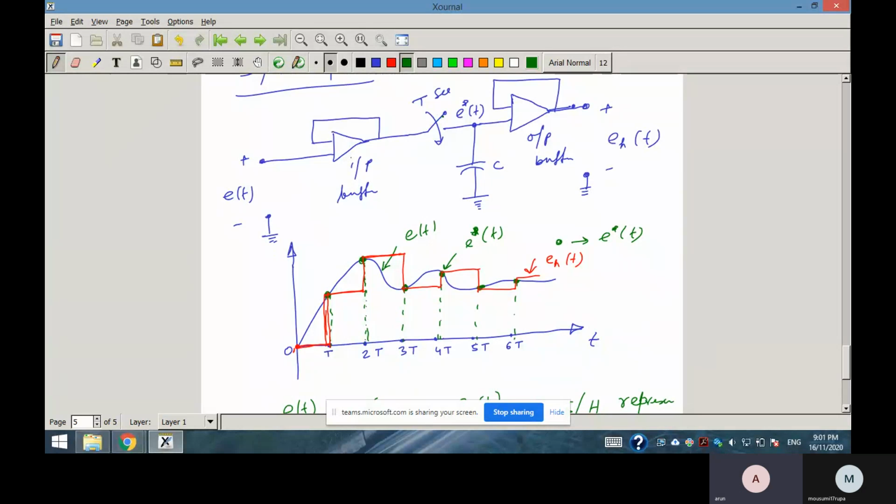Suppose at t equal to 0, what happens? At t equal to 0, E star was 0. E star was 0 means immediately your output will be 0. Now this output will remain 0 for how long? Till the switch.